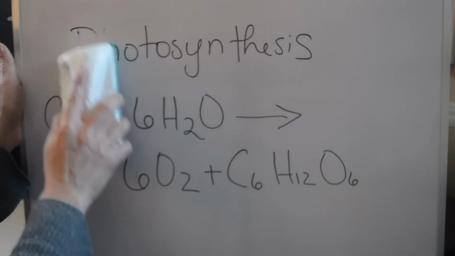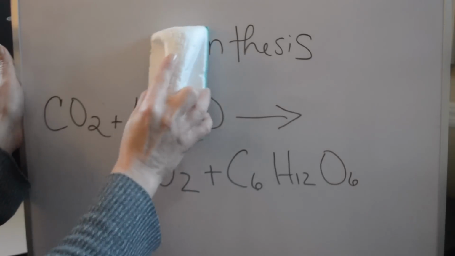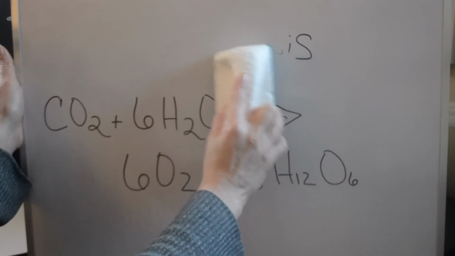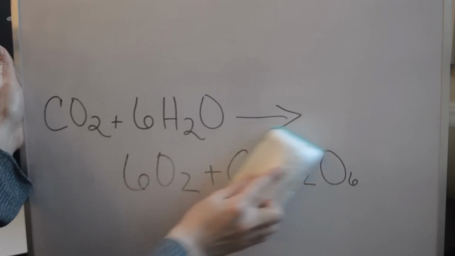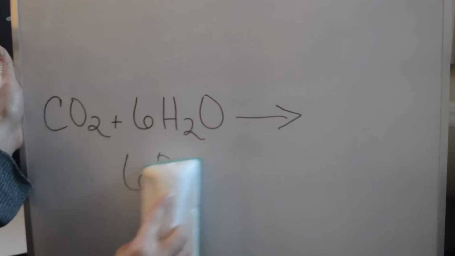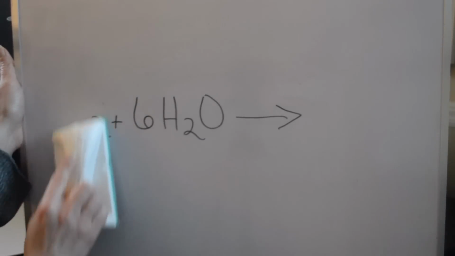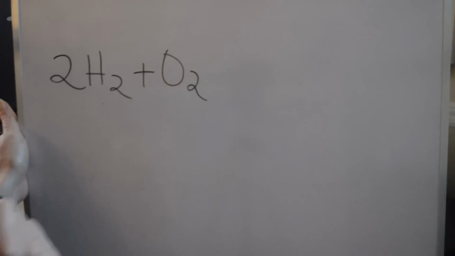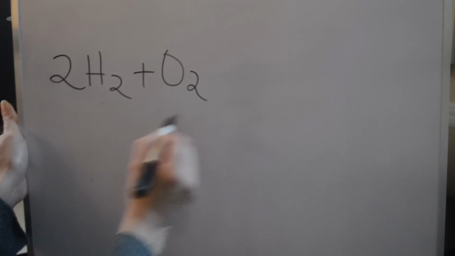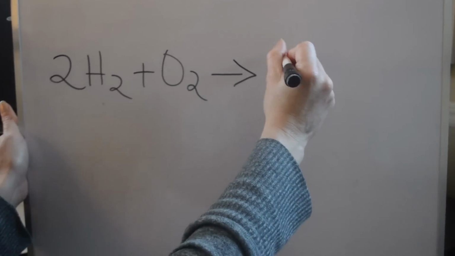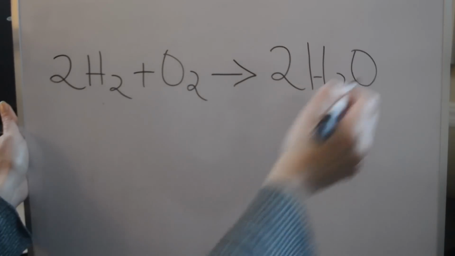Let's just clean the board a bit. Okay, so our next equation here should also be familiar to you. 2H2 plus O2, they combine and react to form 2H2O.